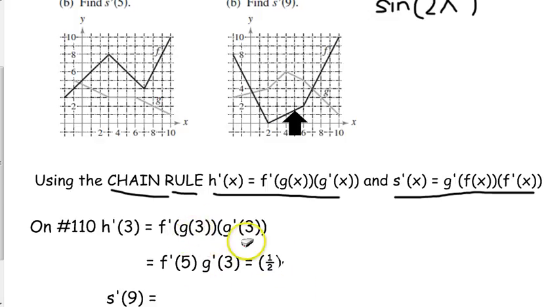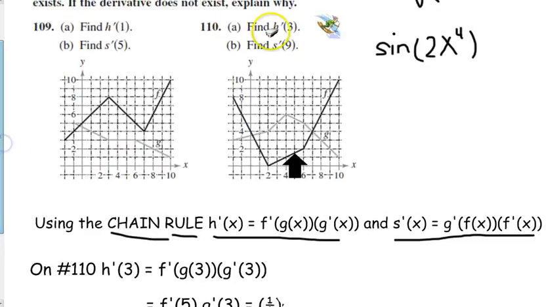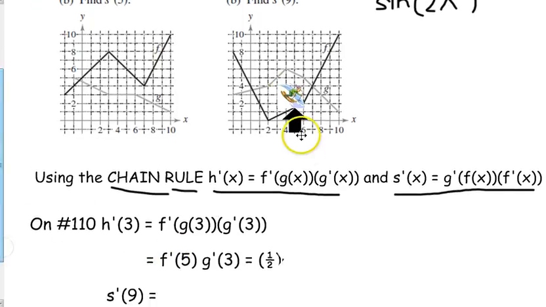Now I need to find g prime of 3. And by the way, I have this little icon here. This guy is my slope guy. So we just found the slope at that point because that's what f prime of 5 means. So now g prime of 3 means that we go to our function g, which is the gray function, for an input of 3, and we find the slope right there. So I'm going to move my slope guy up there.